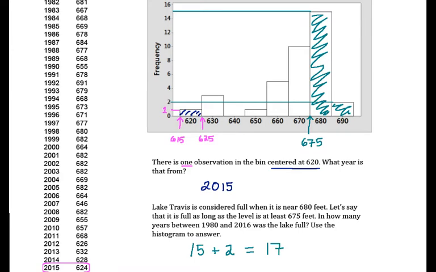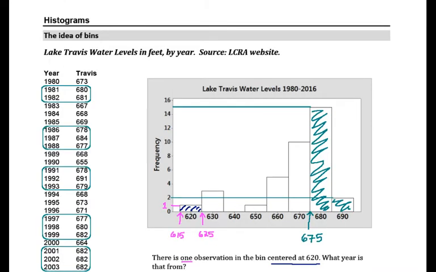Now we can also look at our data and find those values. This is going to take a little bit longer, so I'll just pause and highlight them all. So we can now count up those 17 values circled over here.